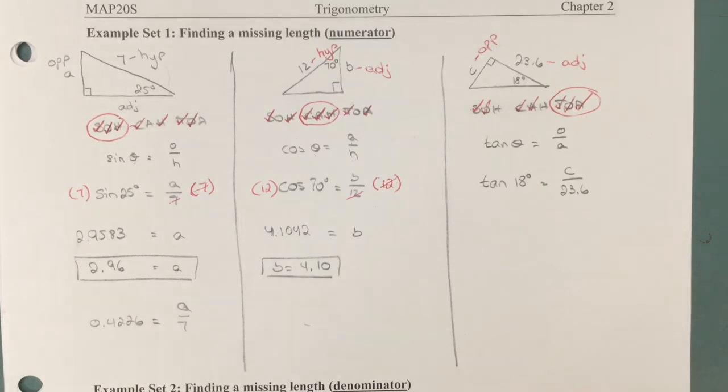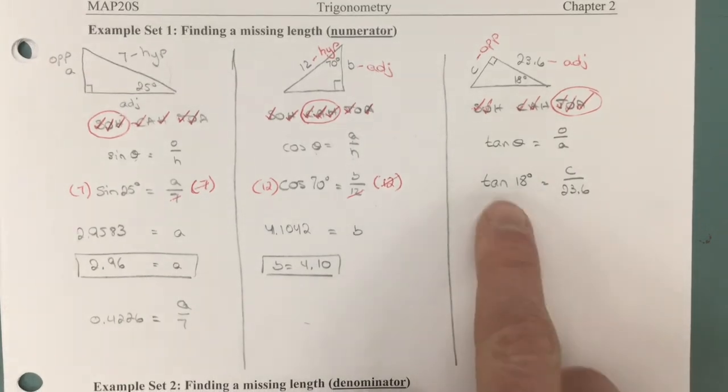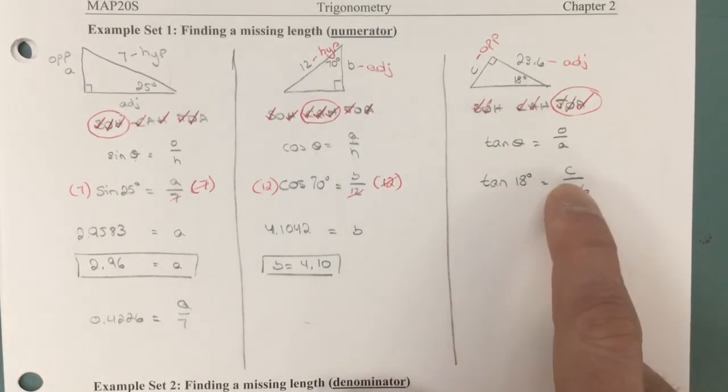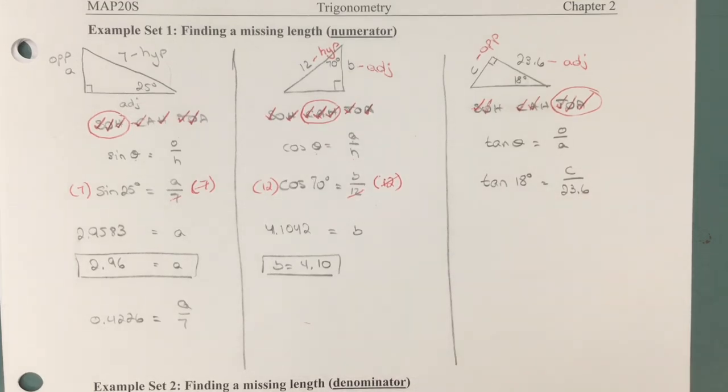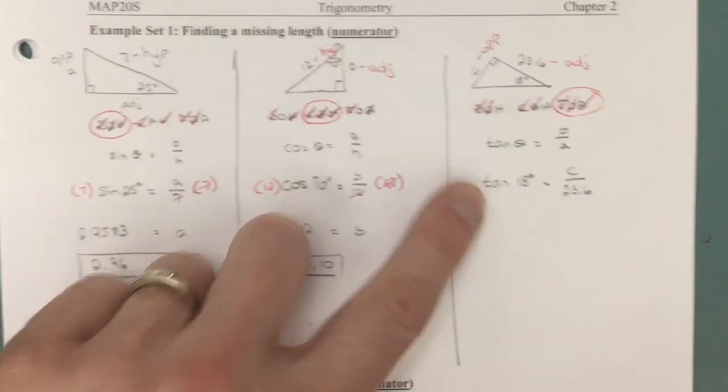So here's the ratio set up. This will calculate the ratio, and if I multiply that ratio by 23.6, I can figure out what I had to divide by 23.6 to get this ratio.